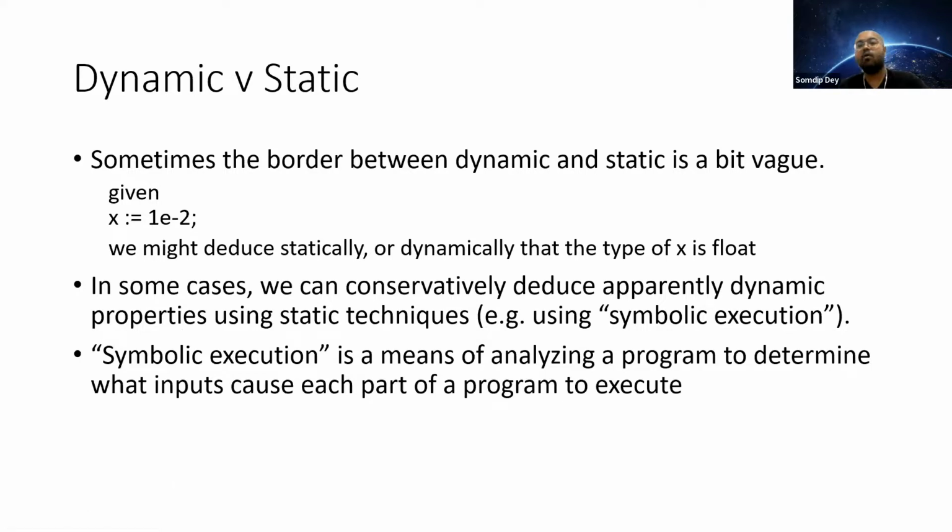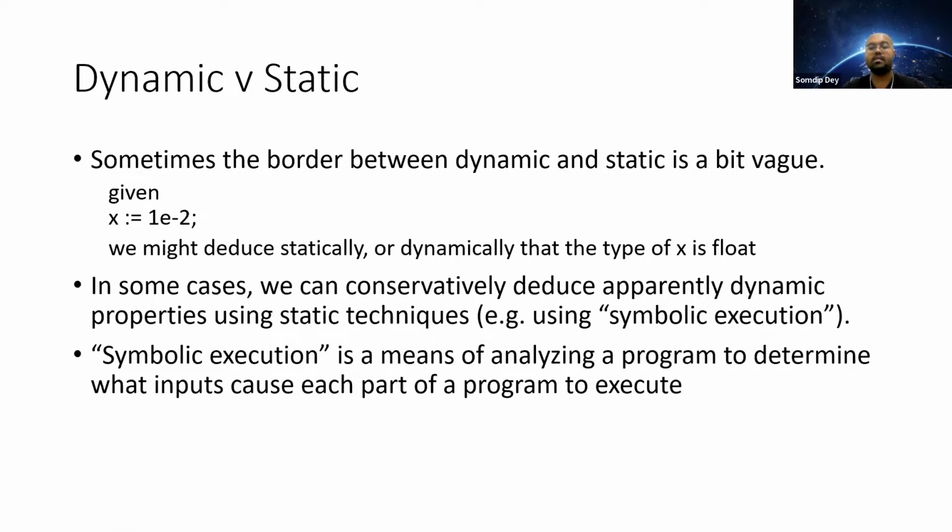Sometimes, if we have to understand the differences between dynamic versus static type checking, the difference or the border between dynamic and static type checking is a bit vague. For example, let's say you are given the input line x equals 1e minus 2. Technically, 1e minus 2 means 10 to the power minus 2, right?